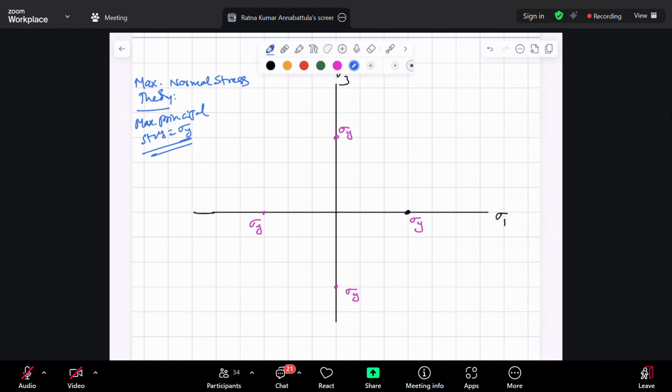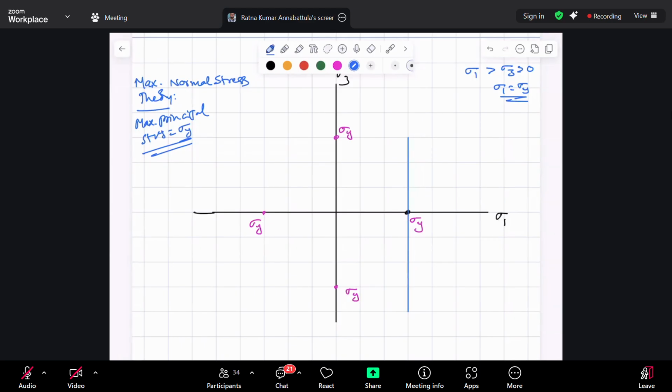Now, if you take sigma 1 greater than sigma 3 greater than 0, correct, then the entire loading is tensile, and hence sigma 1 is equal to sigma y is your failure criterion. Do you agree? I can draw the entire line.